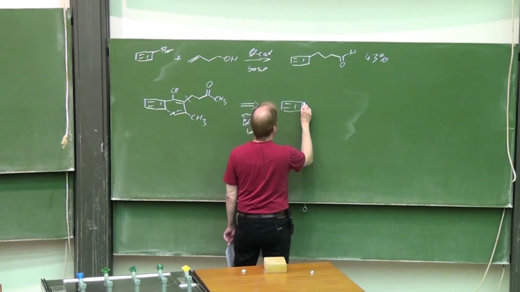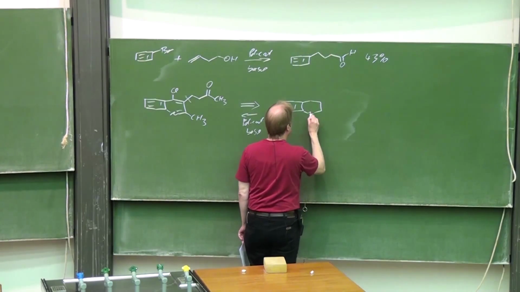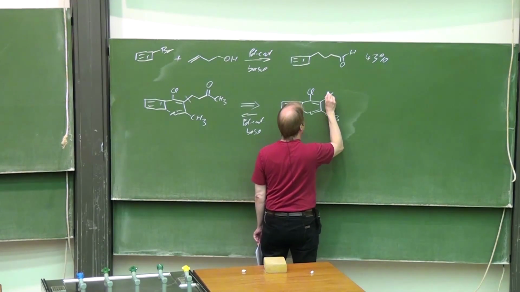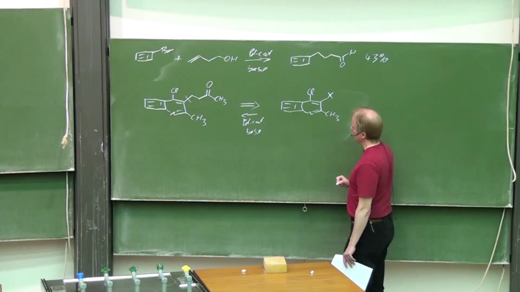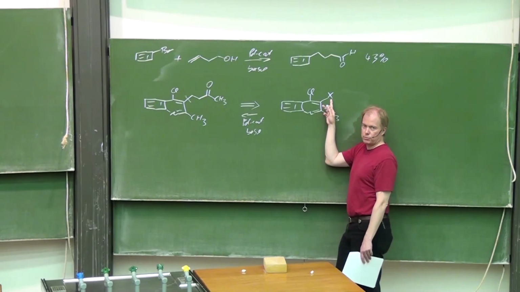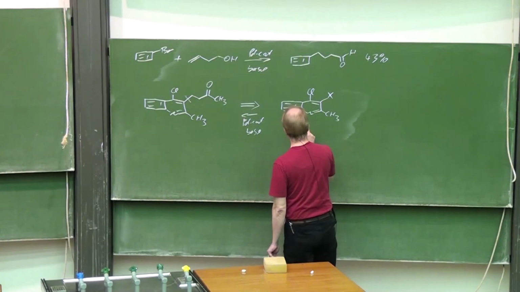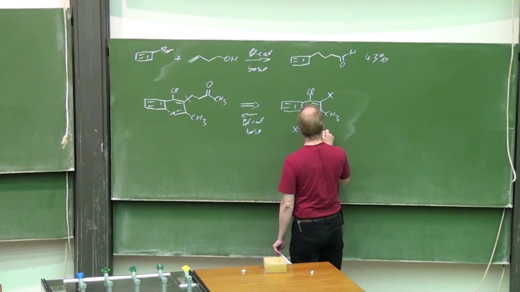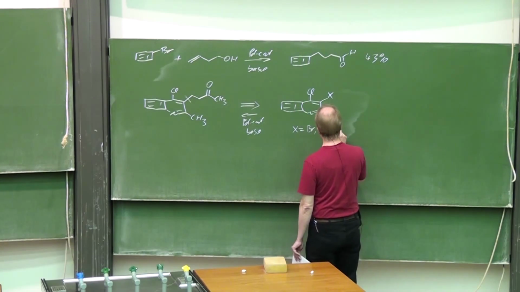In this case, we have to start from a quinoline with an additional group X, which should be more reactive for the oxidative addition reaction with palladium 0 than the chloride. No problem if X is either bromide, iodide, or a triflate.